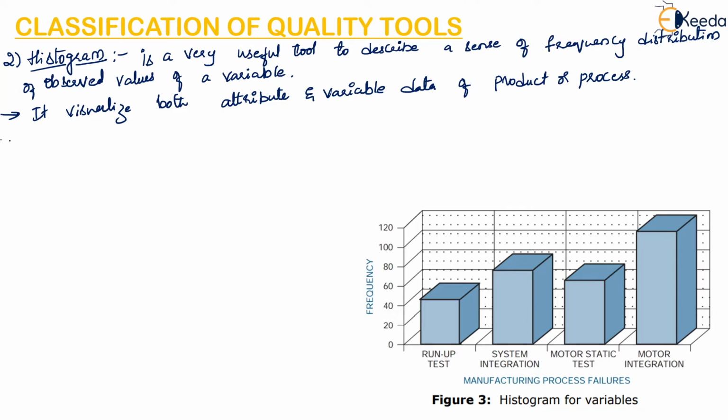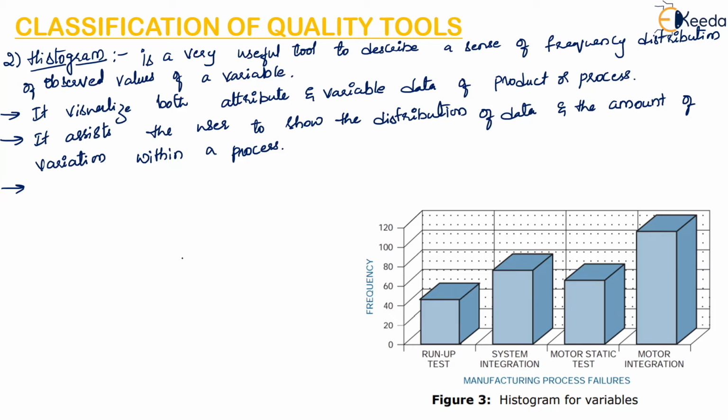So it will assist the user to show the distribution of the data and also the amount of variation within the product, within the process. So not only showing the distribution but also the amount of variation can be shown with the help of this histogram. It will display the different measures of central tendency, that is the mean, mode and the average.